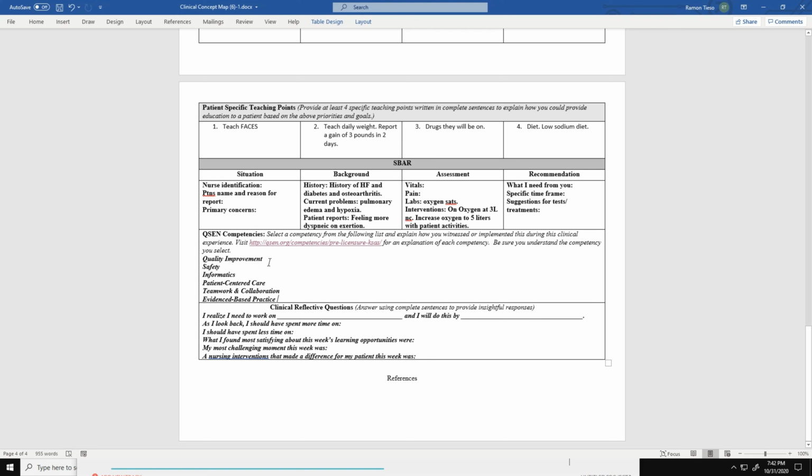Let's say you picked quality improvement. If you happened to see that they have developed some kind of quality improvement with heart failure, since we're doing a heart failure patient, and recently there have been a lot of quality improvement projects going on with heart failure. They're trying to decrease the amount of readmissions, and what they've done is made it a policy to encourage a home health care nurse to go in for the first week when a person with heart failure has been sent home.